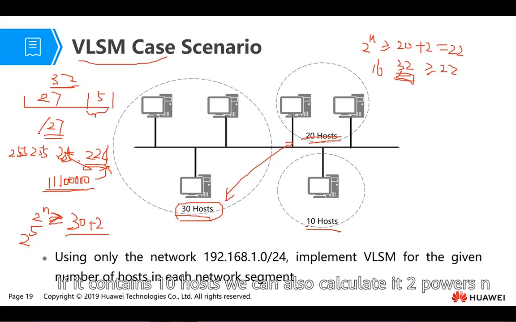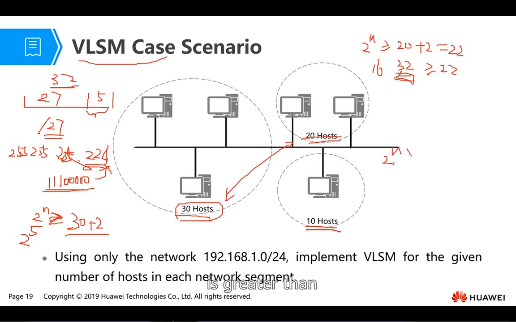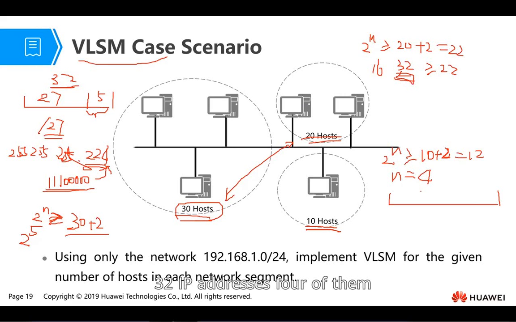And then if a network contains 10 hosts, we also calculate like this: 2 to the power of n is greater than or equal to 10 plus 2, to reserve the IP addresses. That's 12, and n should equal 4. Then in the 32-bit IP address, 4 bits should be reserved for the host part, so there are 28 bits used for the network.